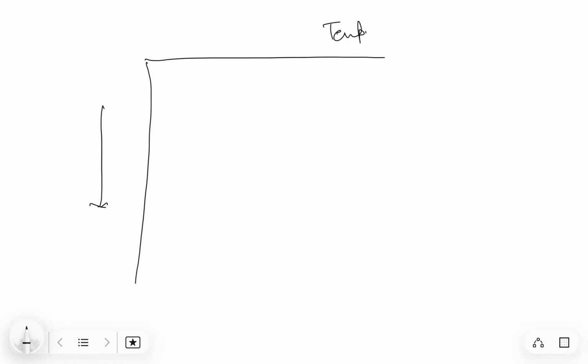Here we have temperature and here we have the depth.